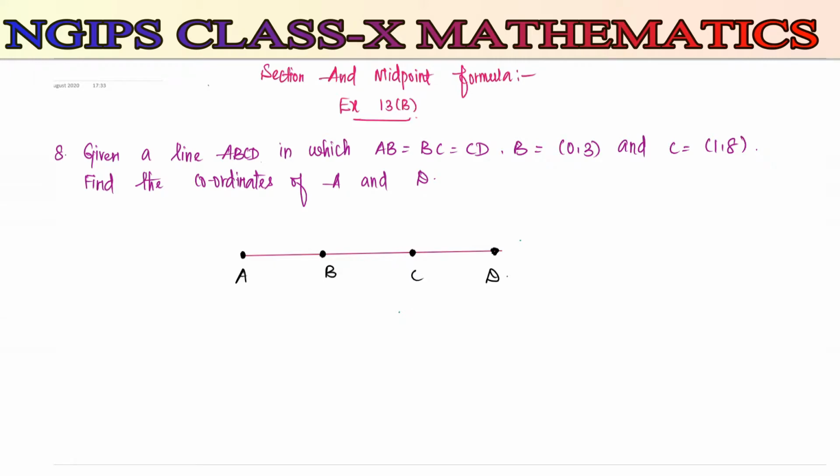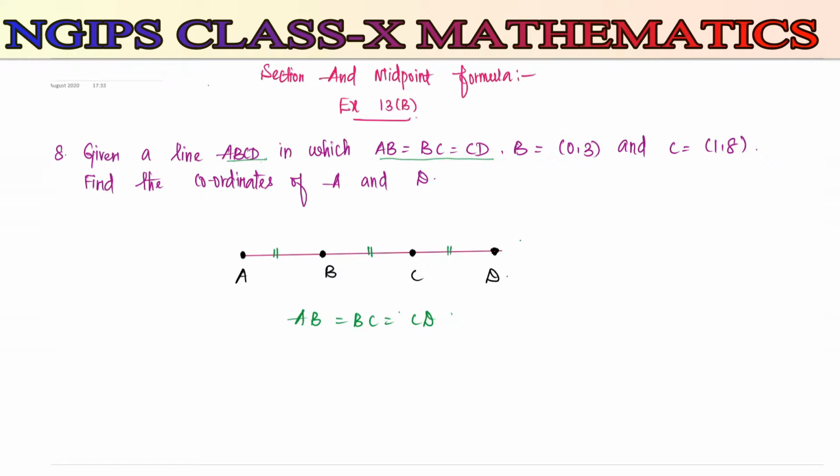So in the line we are going to take the points A, B, C, D, which are lying on the same line. Here the given condition is AB equal to BC equal to CD. The length of AB is equal to the length of BC, and again the length of BC is equal to the length of CD.